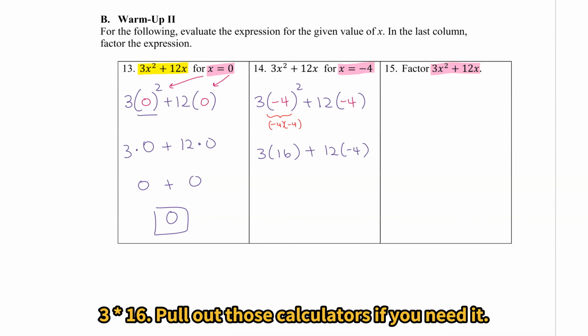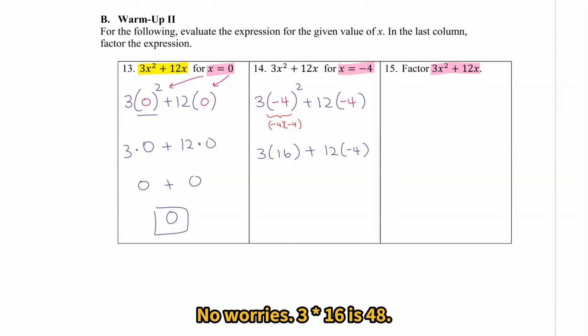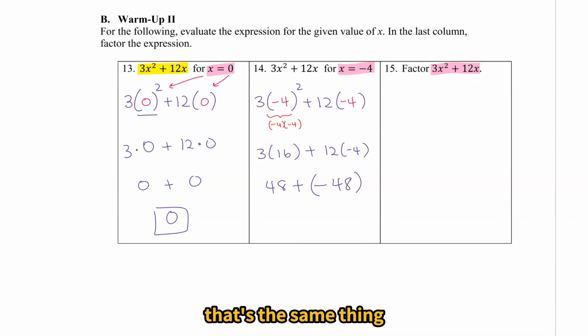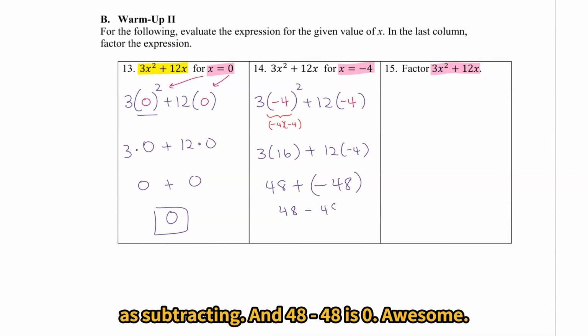And then we multiply 3 times 16. Pull out those calculators if you need them. No worries. 3 times 16 is 48. 12 times -4 is -48. So when we have this adding of a negative, that's the same thing as subtracting. And 48 minus 48 is 0.